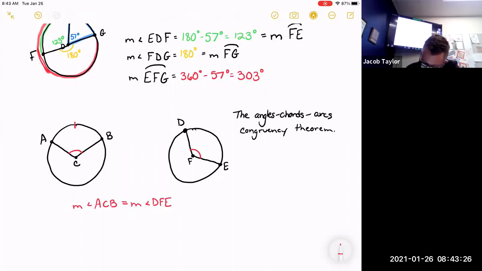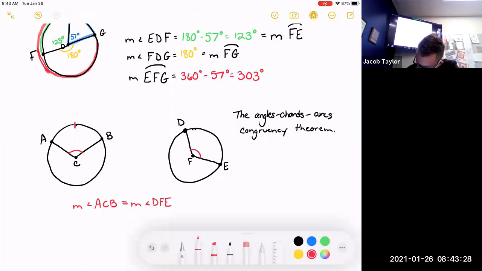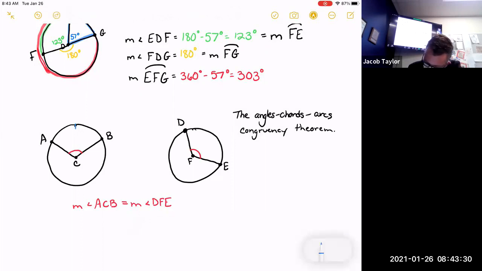So arc AB is congruent to arc DE. So if the central angles are congruent, then their arcs would be congruent.